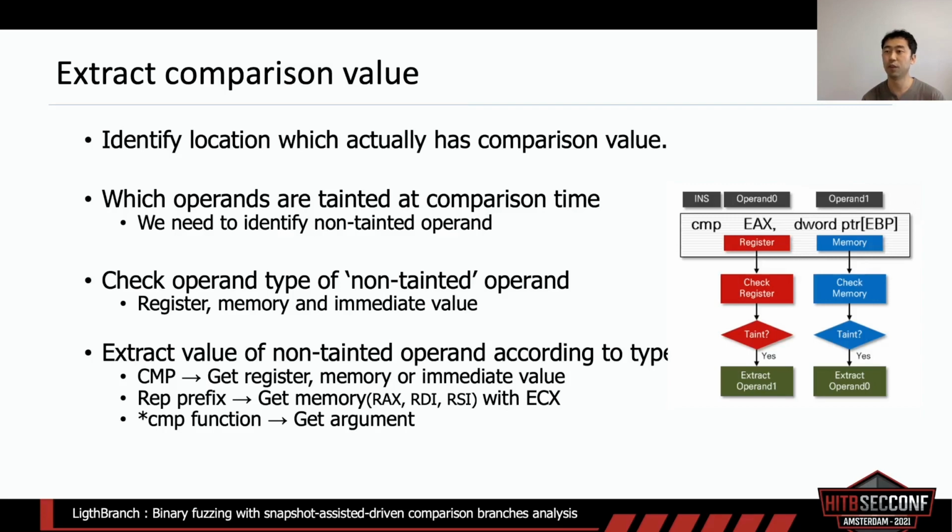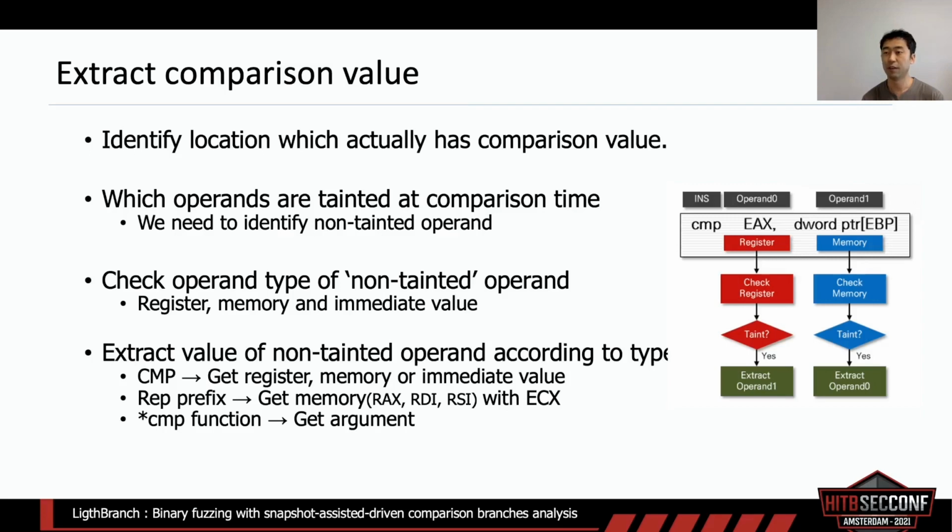First, we need to identify the location which actually has the comparison value. Basically, comparison branch uses CMP or test assembly instruction to compare input. However, as I already mentioned 2 cases in the previous slide, it might be somewhere other than the CMP instruction.